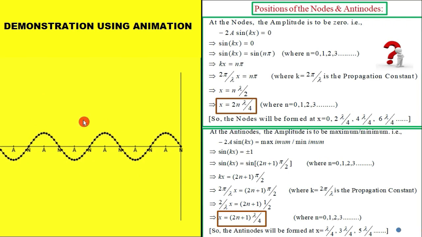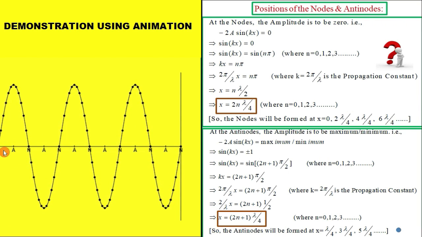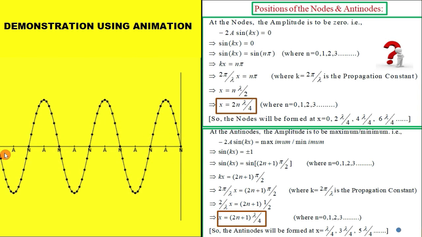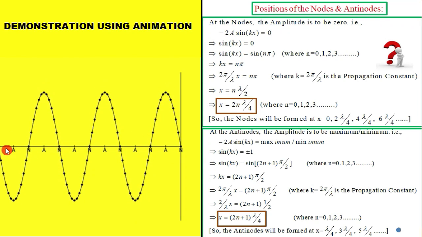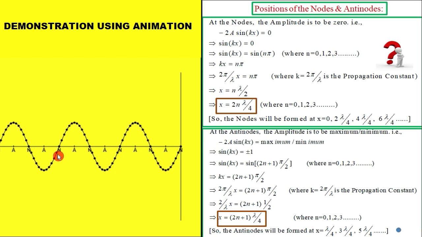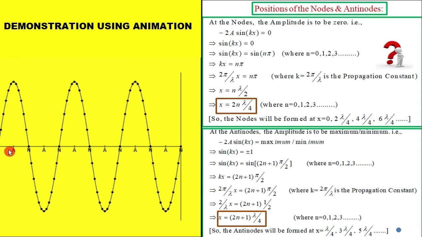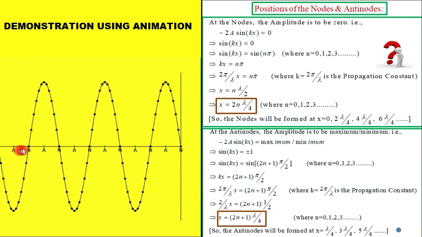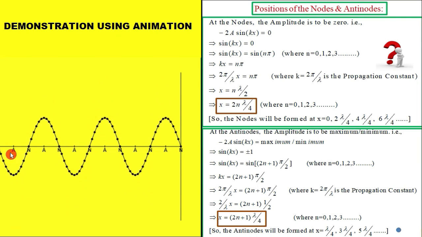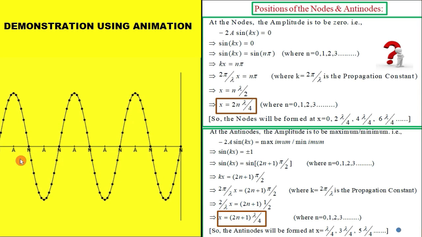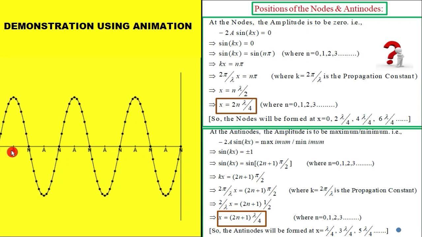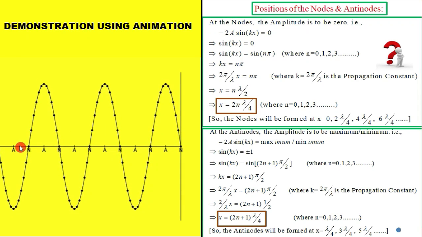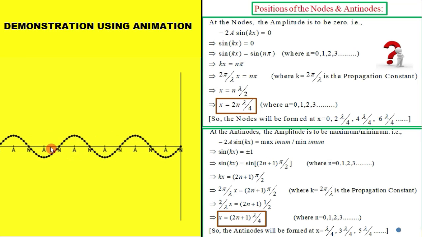Like you can check it here also. This is the 0 point. From here to here, this is a complete wave. So if this is the wavelength lambda, then from here to here it is lambda by 2. Is it clear? And here to here it is lambda by 4. So this is lambda by 4, this is lambda by 4, this is lambda by 4, like that.